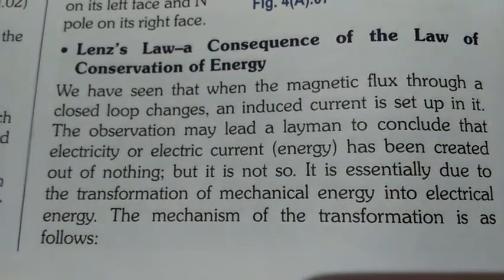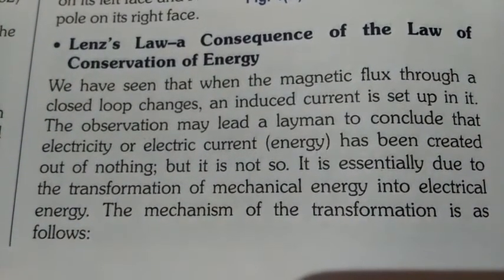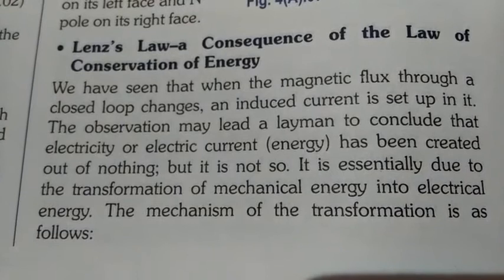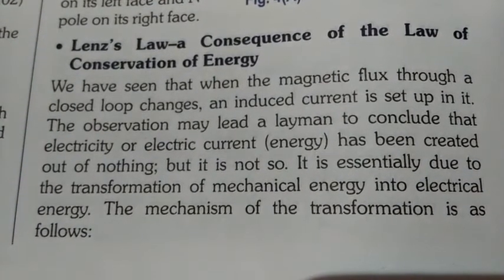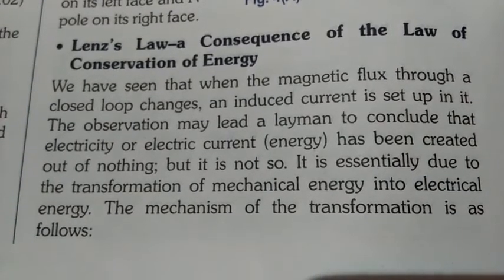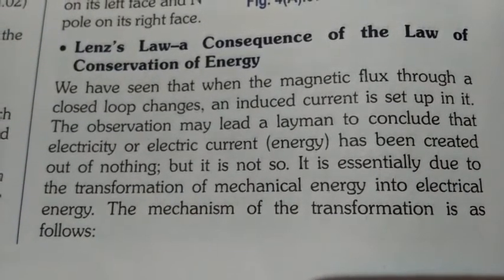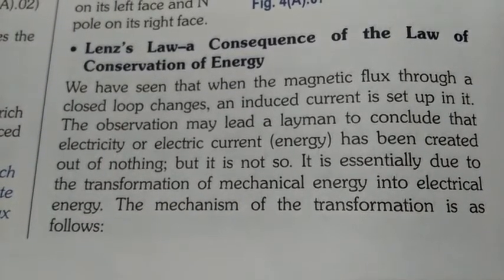We have seen that when the magnetic flux through a closed loop changes, an induced current is set up in it. The observation may lead a layman to conclude that electricity or electric current has been created out of nothing, but it is not so.